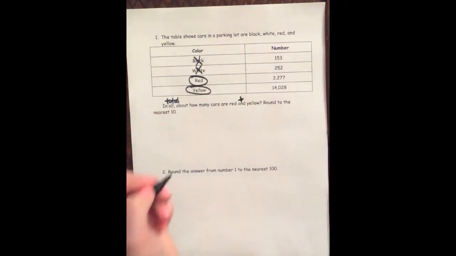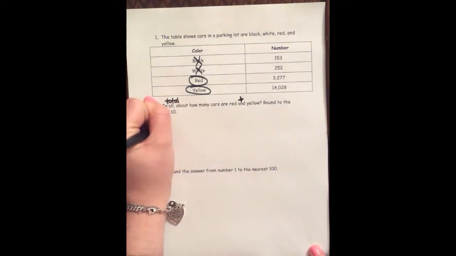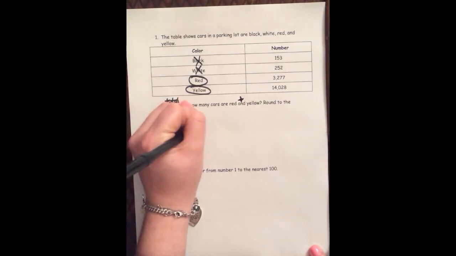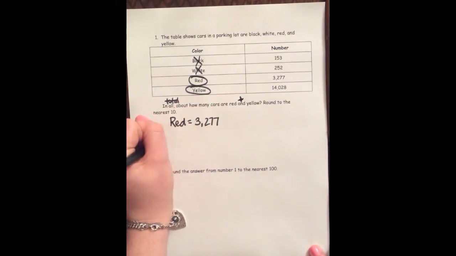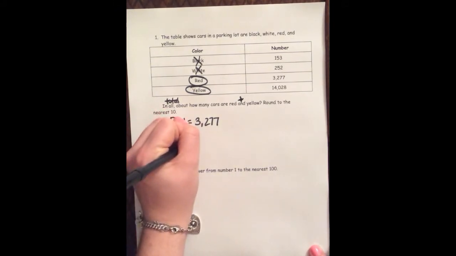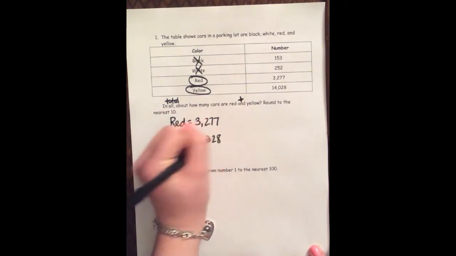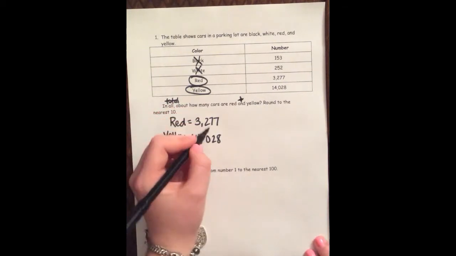I'm going to start off by bringing that information outside of the table. So I will start with red, which is 3,277. And then I will have yellow, which is 14,028. Now, I'm going to go ahead and round before I add.